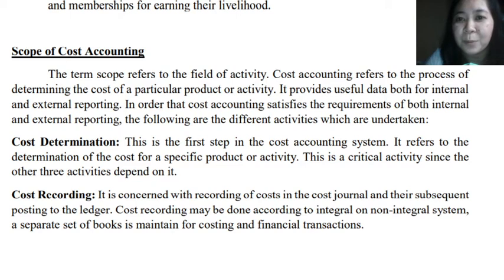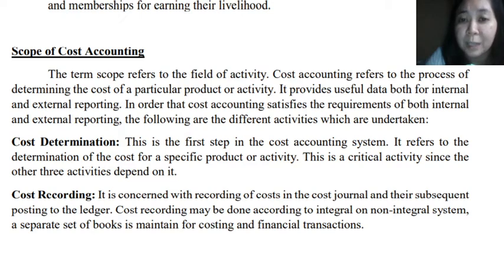When we apply this to cost accounting, as mentioned earlier, cost accounting refers to the process of determining the cost of a particular product or activity or service. So here we can determine the scope of cost accounting. It can relate to a particular product or service or activity.